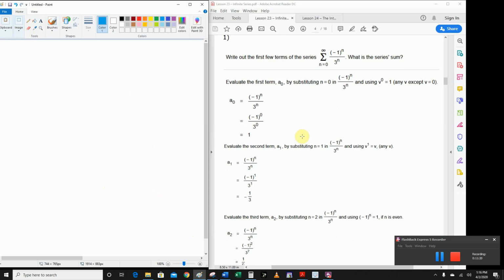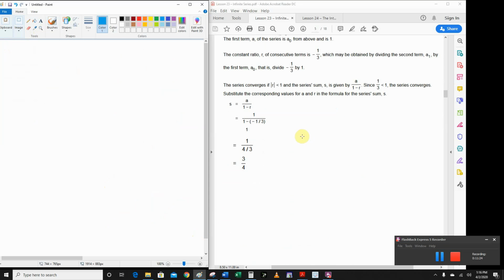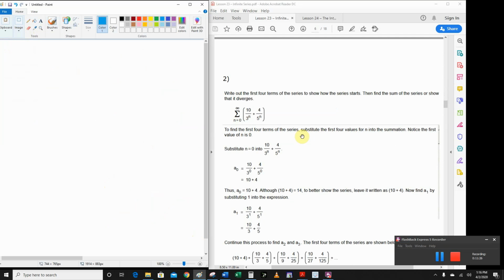Let's look at another example. Write out the first 4 terms of the series to show how the series starts, then find the sum of the series or show that it diverges. This looks like a geometric series.